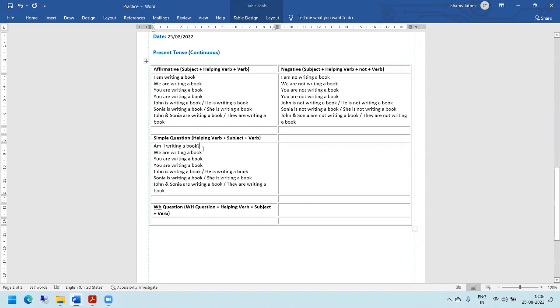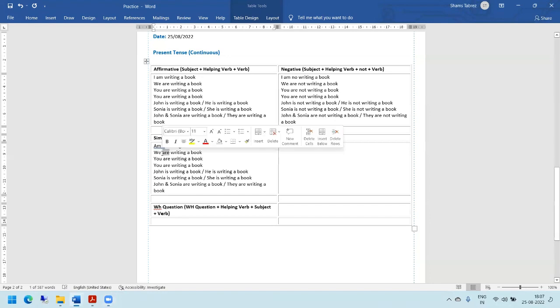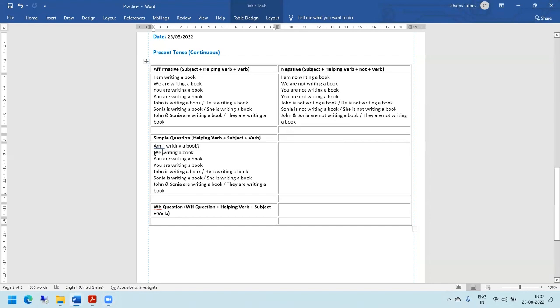Okay. So for the next sentence, what should be the simple question? Are you writing a book? Yes. So here, just take this R from here and place it. Since it is the starting letter, R is capital, and here we don't require capital W, it is small w.